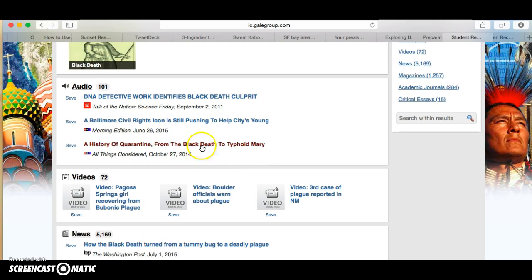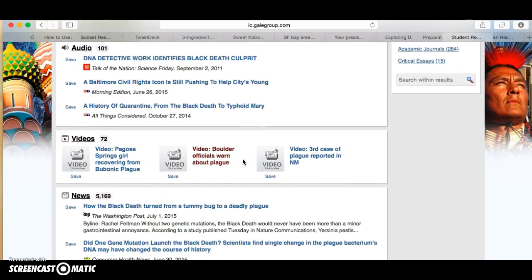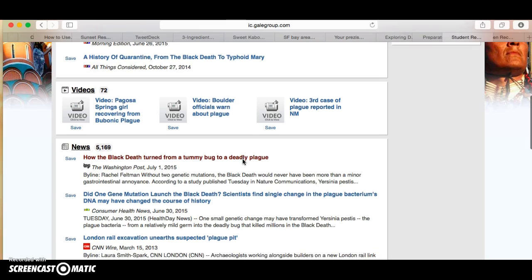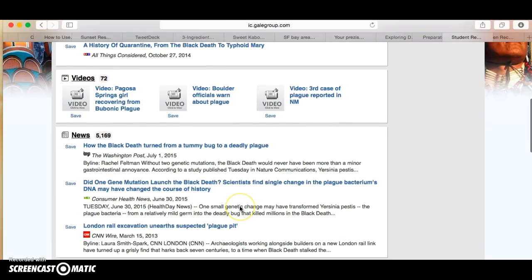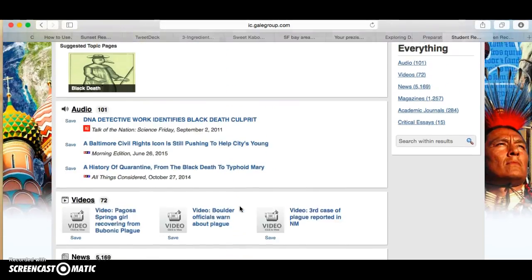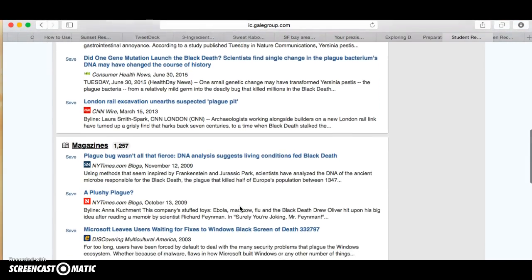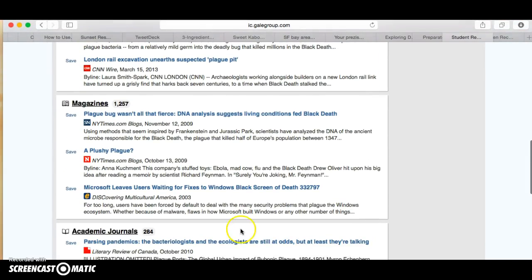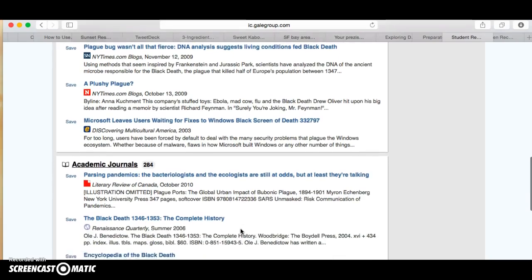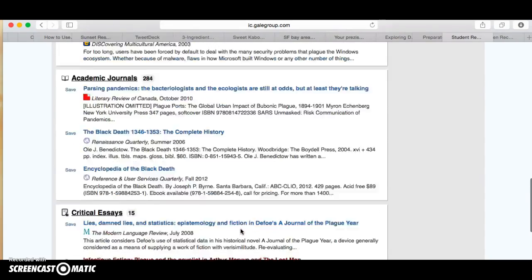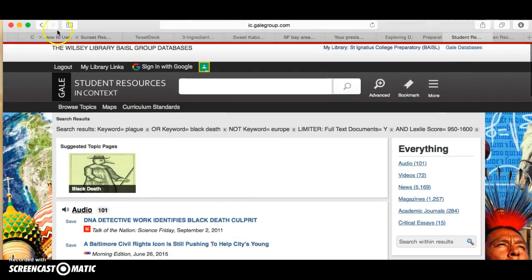History of quarantine from the Black Death to Typhoid Mary. Ooh, from a tummy bug to deadly plague. All right, so now I have some more advanced texts that would be helpful for my students, or for me in prepping for my students.